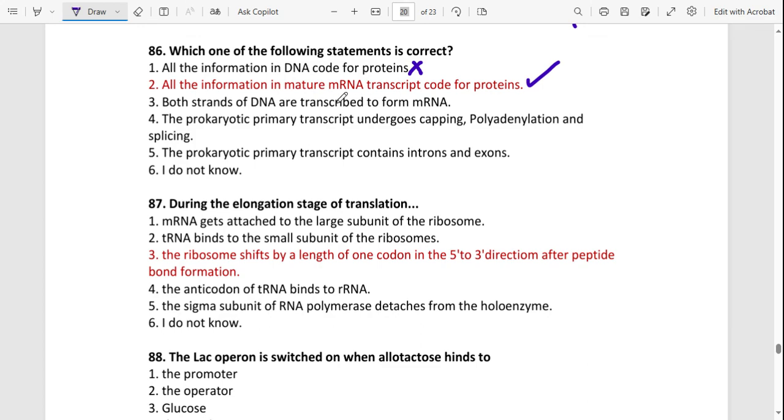Both strands of DNA are transcribed to form mRNA. When you're forming mRNA in transcription, you don't use both strands. You only use the strand that reads from 3' end to 5' end. The other one, you don't use it. You call this the non-coding strand or the template strand.